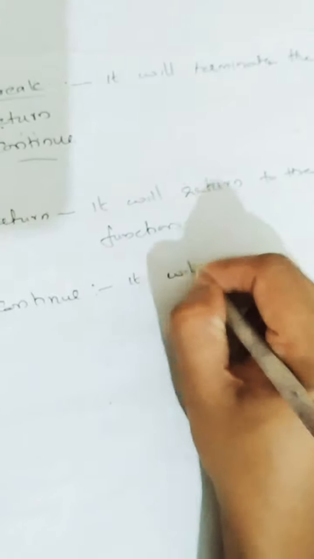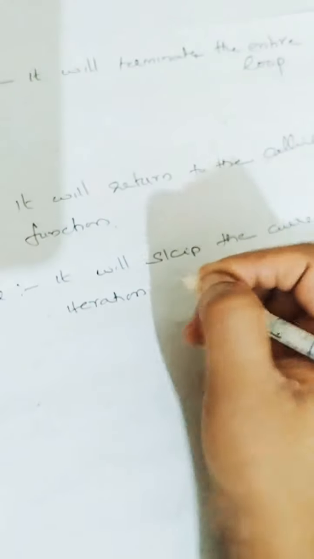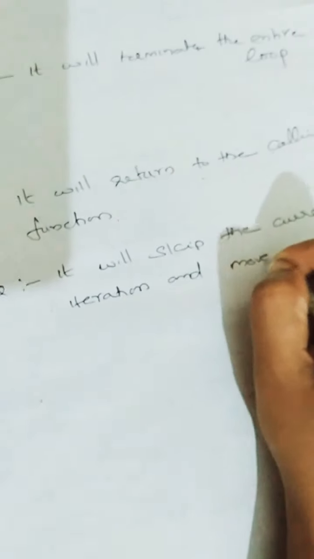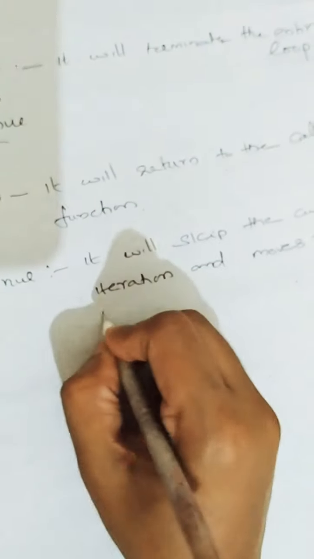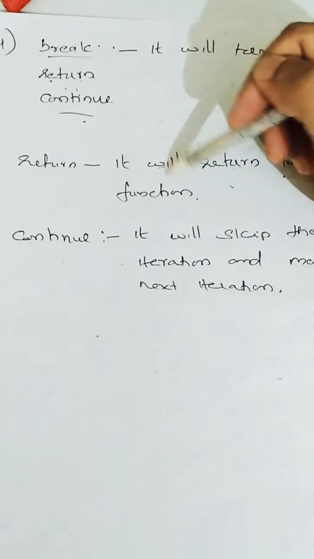It will skip the current iteration and move to the next iteration. Okay, so you can write any two. While solving this question, first you have to mention break, return, continue. Any two you have to mention, then only you will mention the purposes, because marks are distributed like that. Half, half and half, half. So for the naming half and for using half.